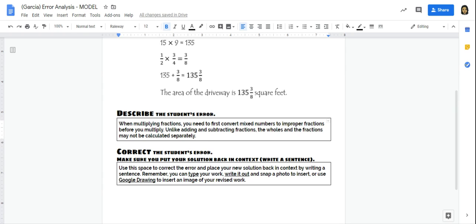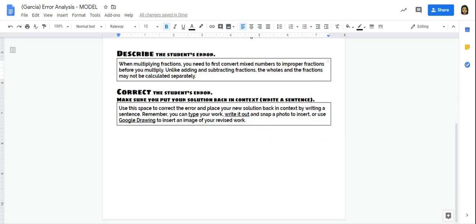Unlike adding and subtracting fractions, the wholes and the fractions may not be calculated separately. So I've used my academic language in math to explain what they did incorrectly. So what they did is they separated the whole numbers and fractions when they should have converted them into improper fractions.